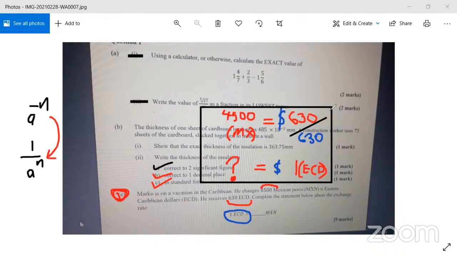Therefore, if we divide the right by 630, we must also do that to the left. So we're going to divide 4,500 Mexican pesos by the 630.